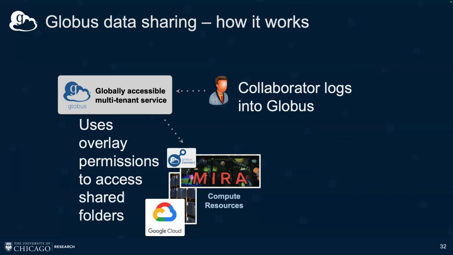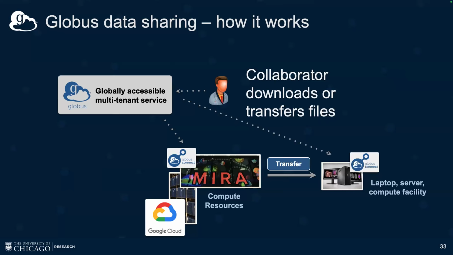And then they could download the data to their laptop, for example, or they could move the data to their own campus or their lab server, or a national computing center that they want to use to compute over the data.